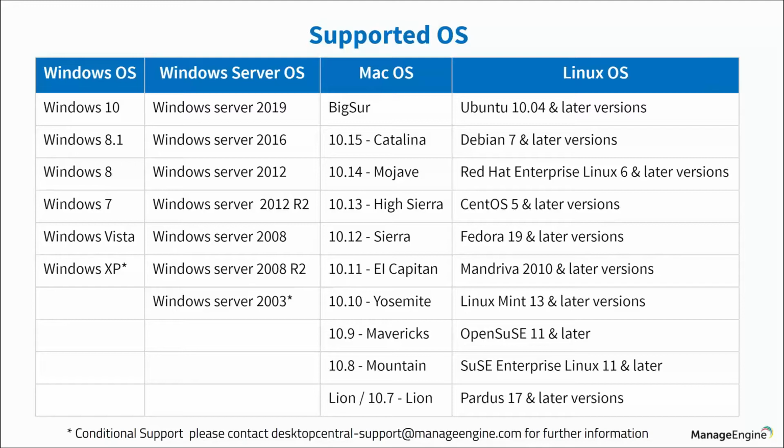By installing this Desktop Central agent on your client machines, the functionalities might vary among the operating systems. You can always reach out to support if you require any kind of technical clarification.